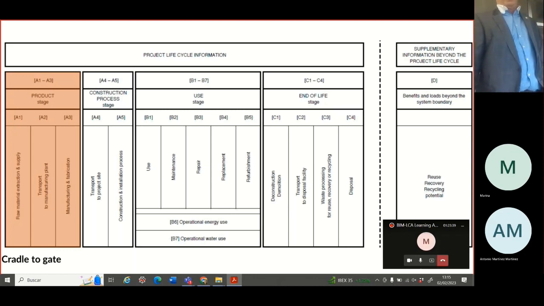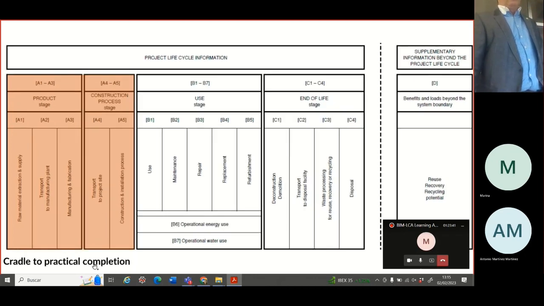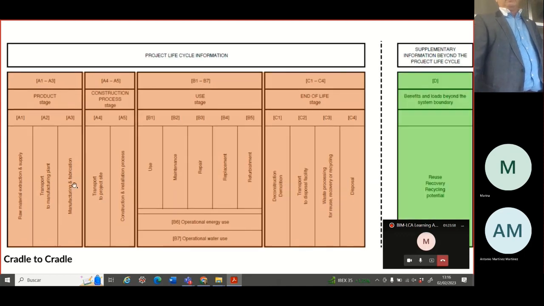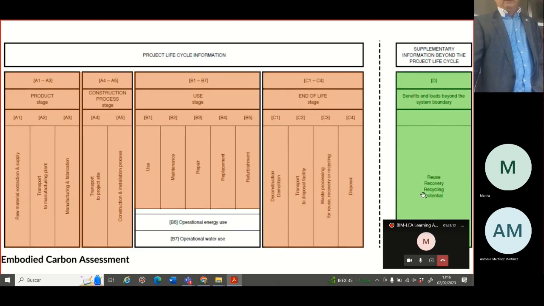That is cradle to gate, and then cradle to practical completion, and cradle to grave. It doesn't sound nice, but it is from cradle to grave. And always bear in mind that that can be the end, or it can be reuse. Here you have another stage where you can reuse, recovery, recycling, if it's anything good to be recycled afterwards.